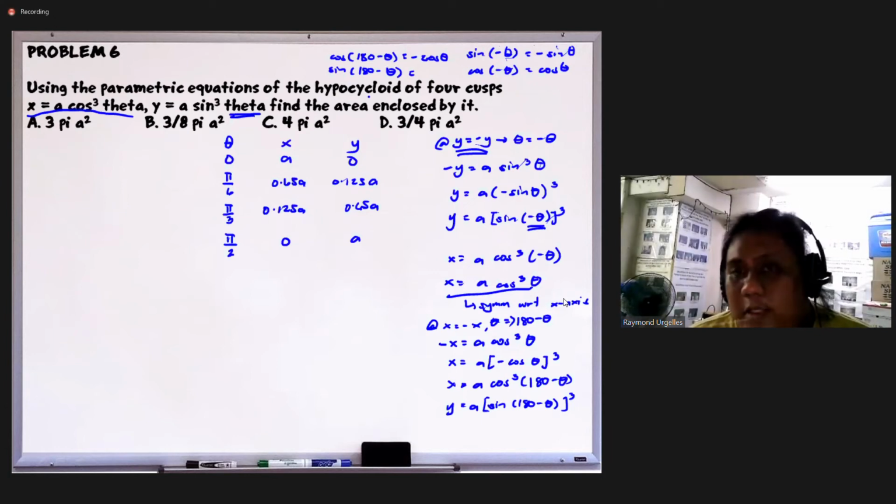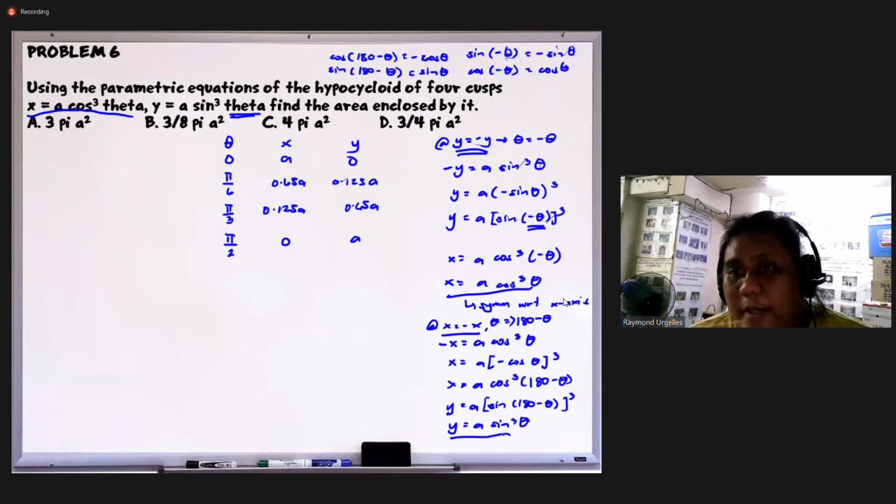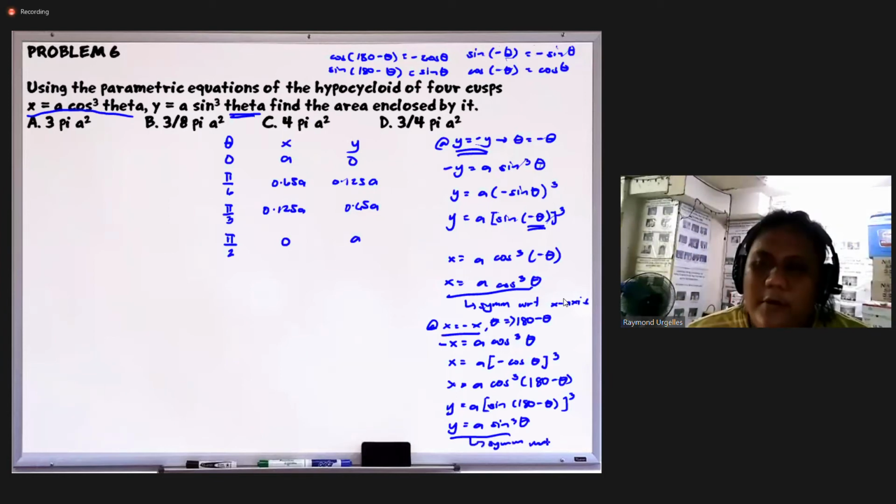But again, sine 180 is 0, kaya matitira lang is yung negative cosine 180 sin theta. Cosine 180 is negative 1, so times negative 1 is positive 1. So kaya magiging positive sin theta. Diba? So that's why yung y natin will be a sine cubed of theta. So pinalitan natin yung x ng negative x, pero yung y walang nagbago. Diba? So ibig sabihin, this is also symmetric with respect to y-axis.